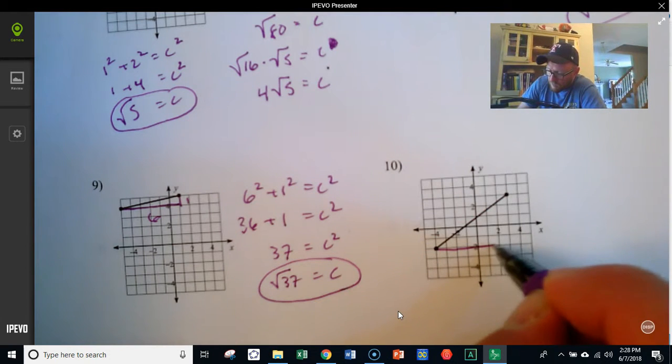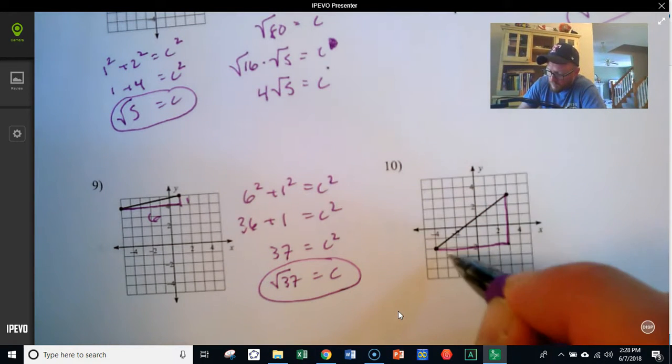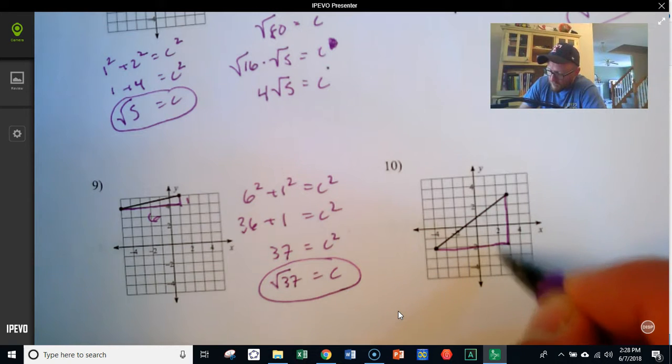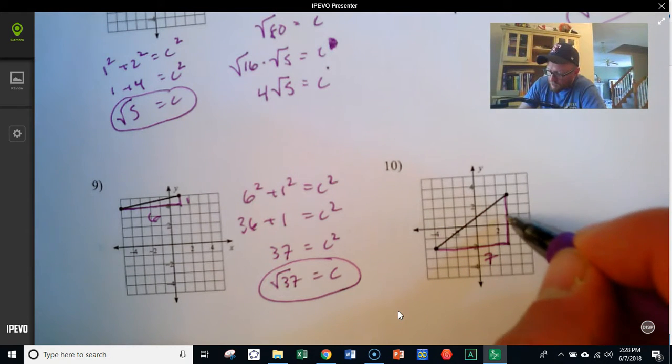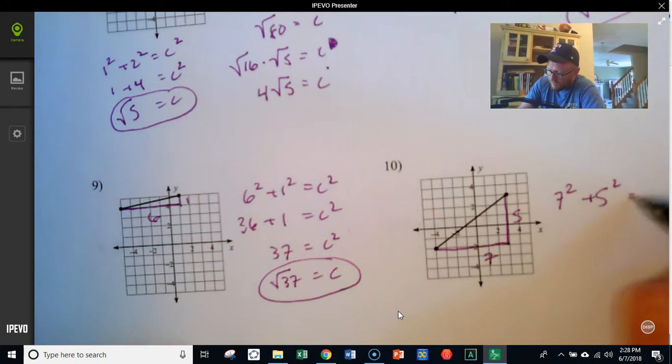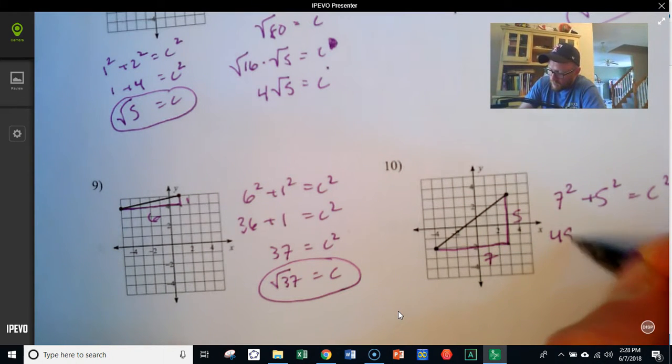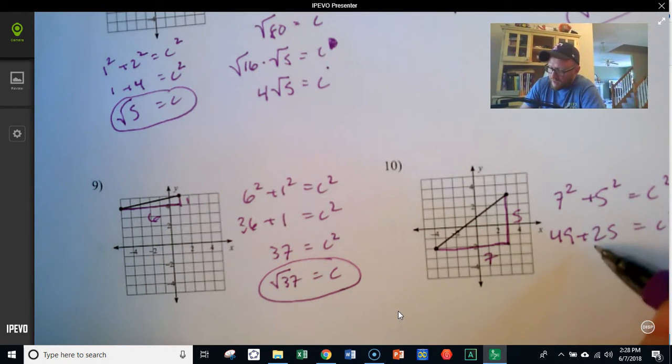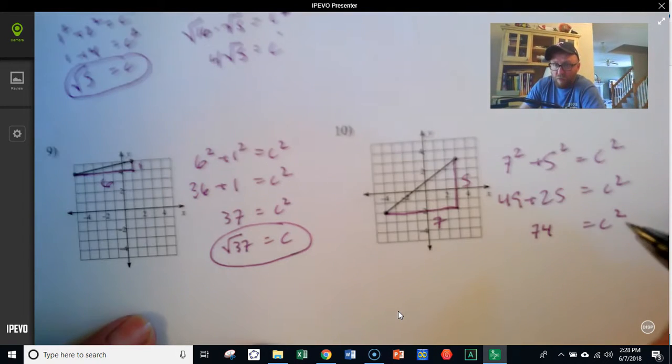Here, we've got over and up. 1, 2, 3, 4, 5, 6, 7. 1, 2, 3, 4, 5. 7 squared plus 5 squared is c squared. 49 plus 25 is c squared. That's 74 is c squared.